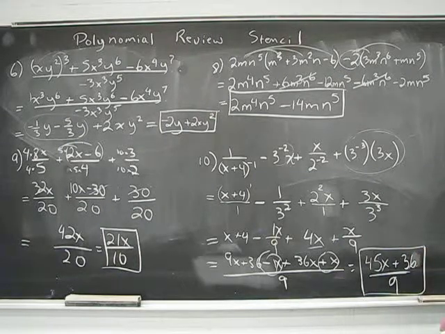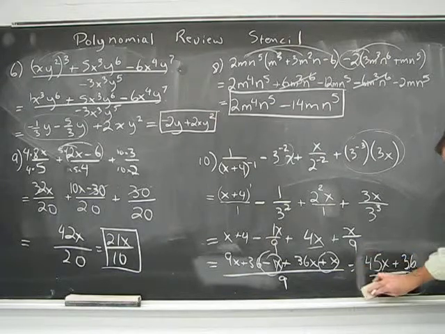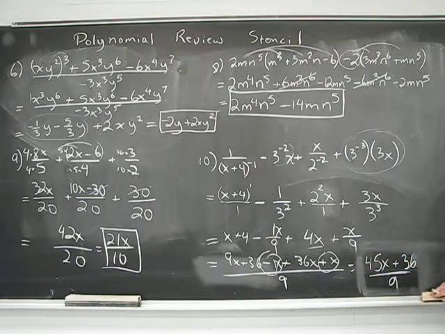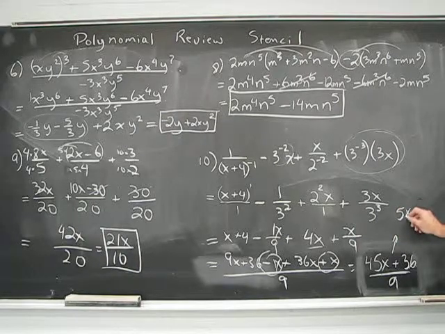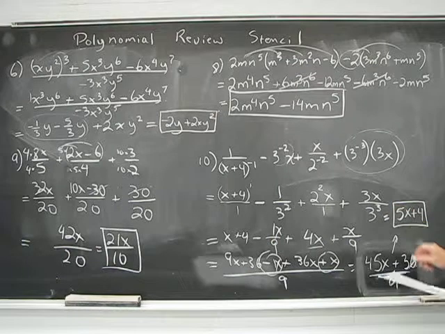Hey, look, the 9 goes into both of them. So that's going to leave me with 5x plus 4. Sorry for the mess. You divide them both by 9. That's your final answer. Yeah, that's what I got.